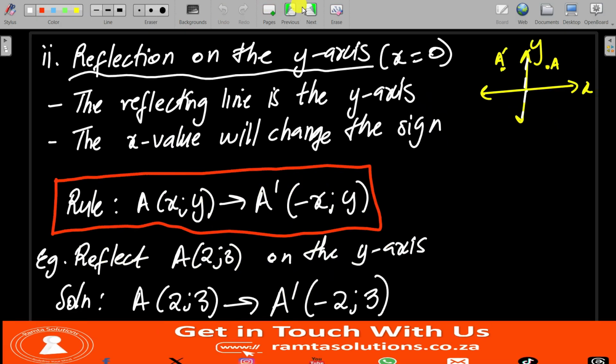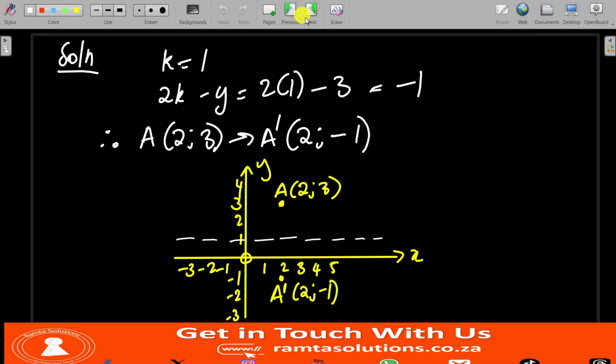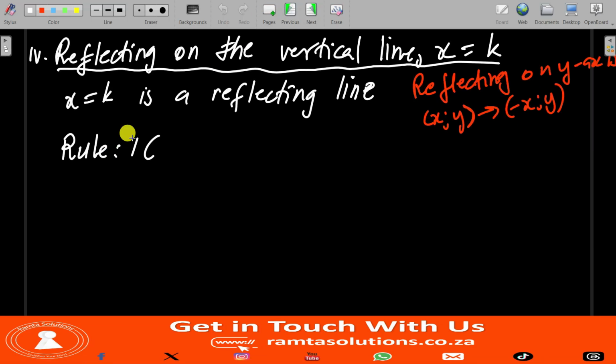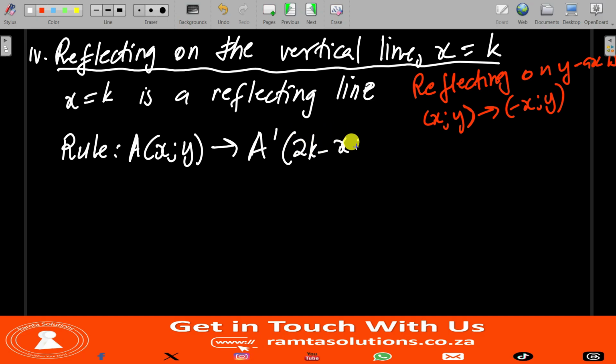I'm using point A arbitrarily, guys; you can use any point. Point A, x and y, will create A prime. Because you're no longer reflecting at x equals 0, but at x equals something else, you're going to say 2k minus x, and y. Do you guys see this?